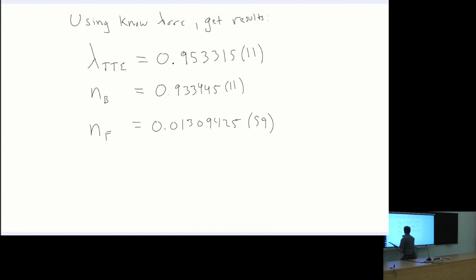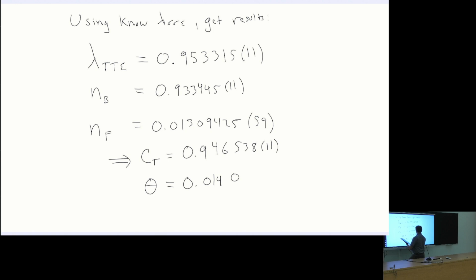And you can translate this into the central charge and theta that I mentioned before. Central charge is 0.946538. Theta is 0.01402696.